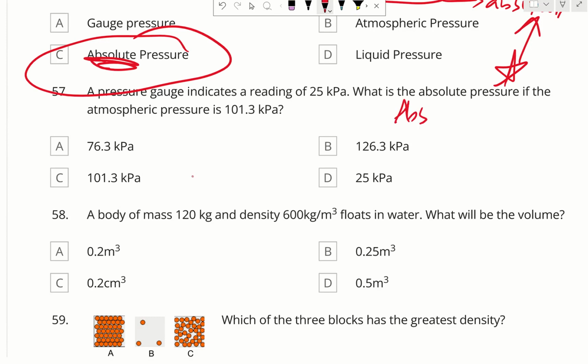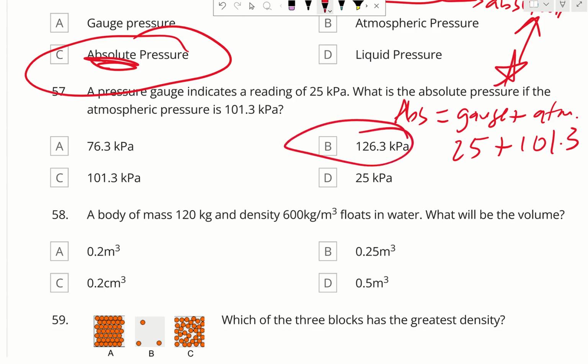So my absolute equals my gauge pressure plus atmospheric pressure. My gauge pressure is 25. My atmospheric pressure is 101.3. I add that together. I'm going to get 126.3.